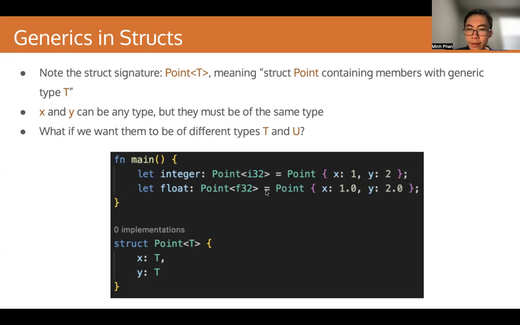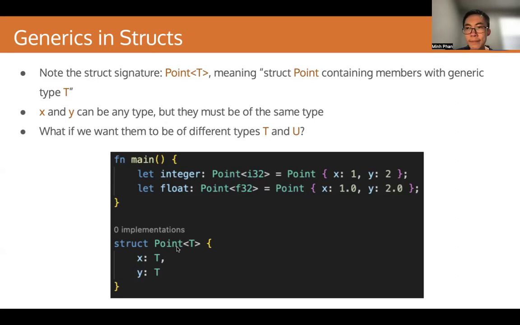Members are of the type f32, and the values are 1.0 and 2.0. Do note that Rust will treat these two as different types, even though they all come from the same struct, because the types of the members are different between these two.